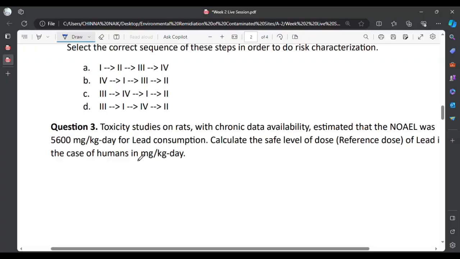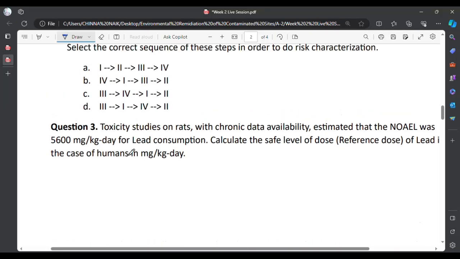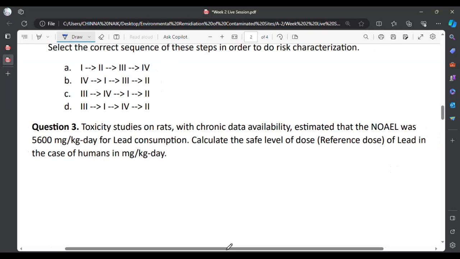This one is a simple numerical problem. You guys should solve it yourself. Toxicity studies on rats with chronic data availability estimated that the NOAEL was 5600 milligram per kg per day for lead consumption. Calculate the safe level dose or reference dose of lead in the case of human in milligram per kg per day.